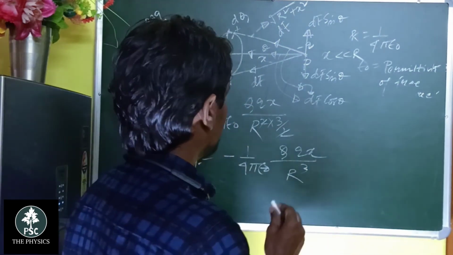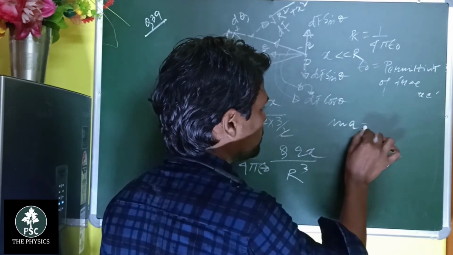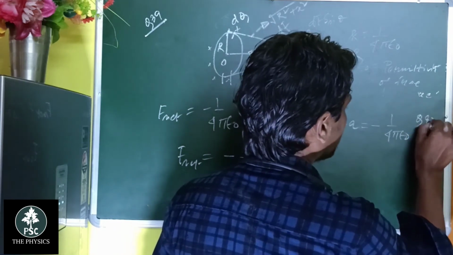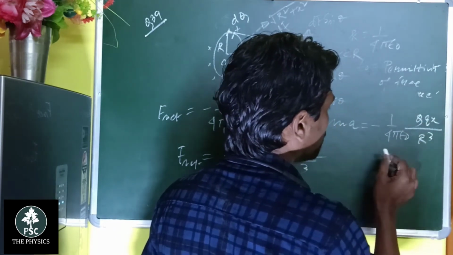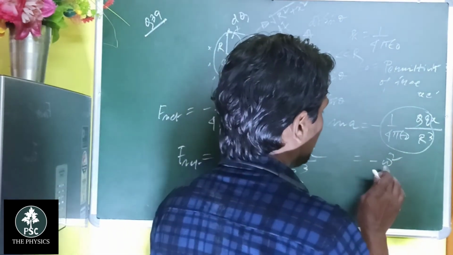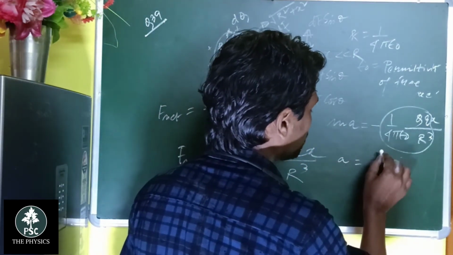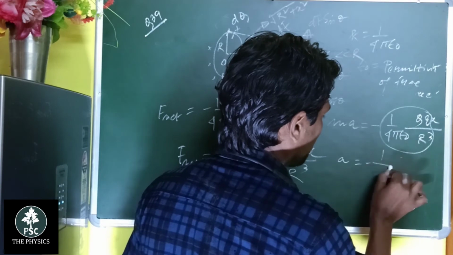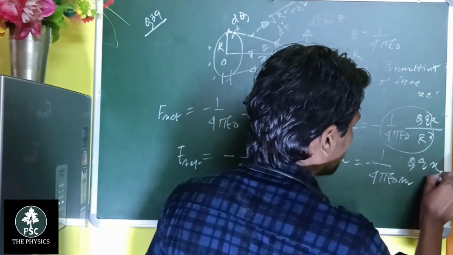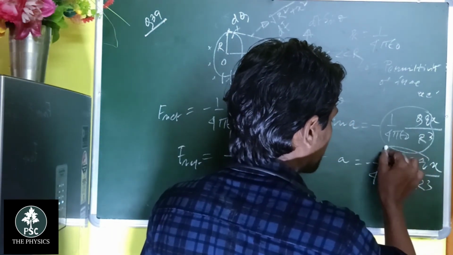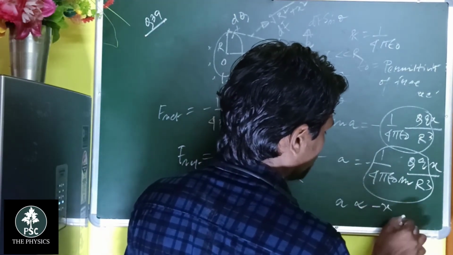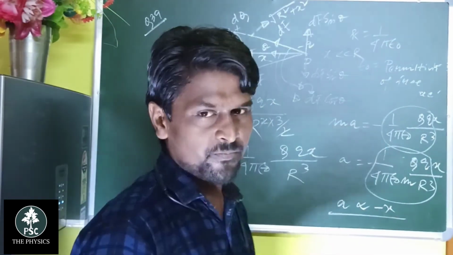In place of force, you can write mass into acceleration, equal to 1 by 4 pi epsilon naught, capital Q small q x by r cube. Taking this as a constant, acceleration equals minus 1 by 4 pi epsilon naught m, Q q x by r cube, so acceleration is proportional to the displacement and acts towards the mean position.